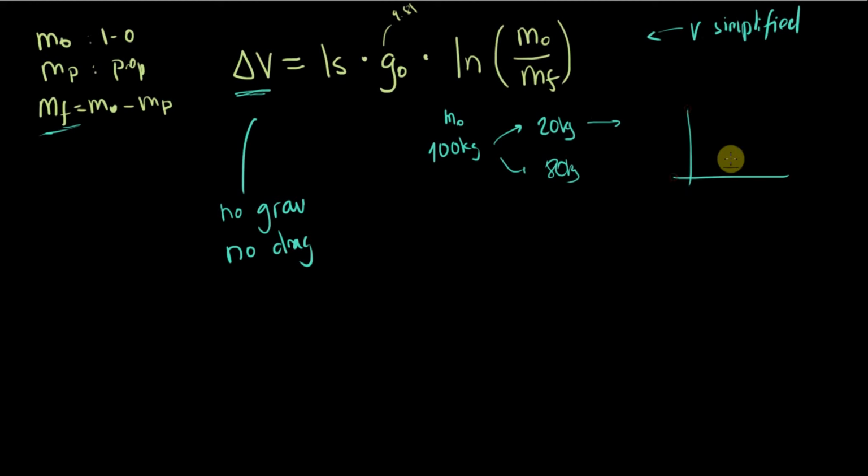So maybe if this is a delta V and this is the mass ratio, well, I didn't show you what this is yet. So what I mean is that it's exponentially sensitive to the masses. Okay, but yeah, again, this is a really simplified model.